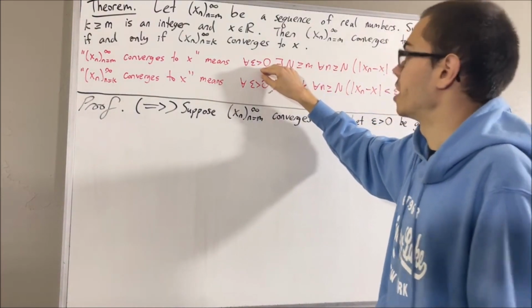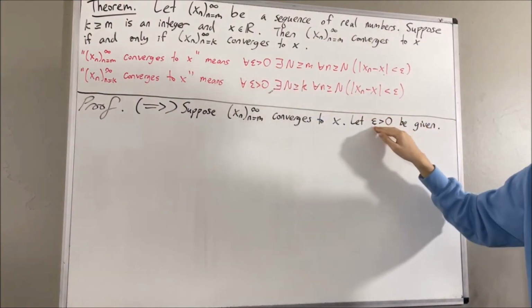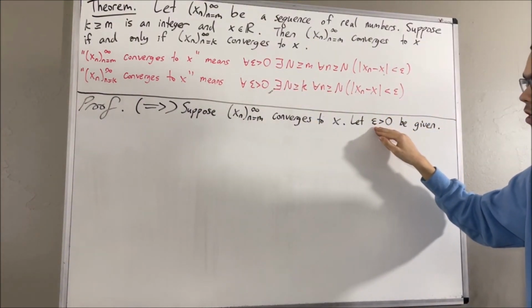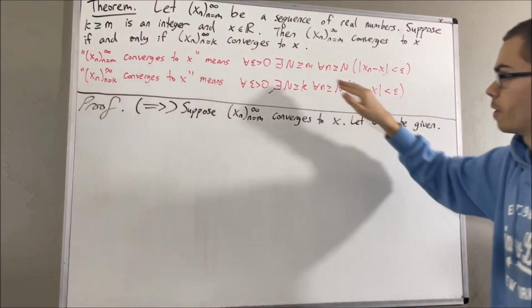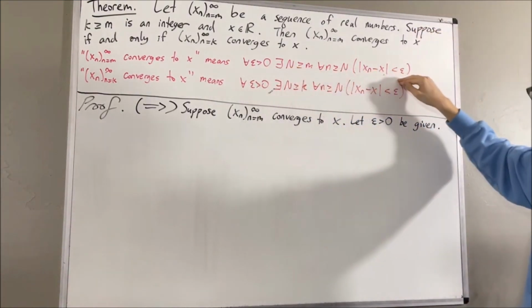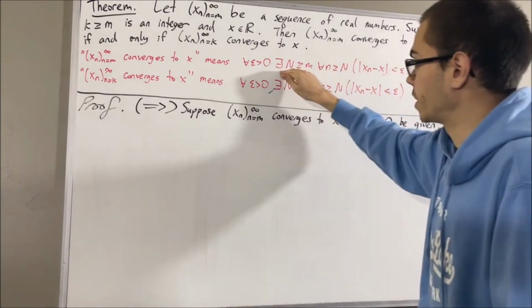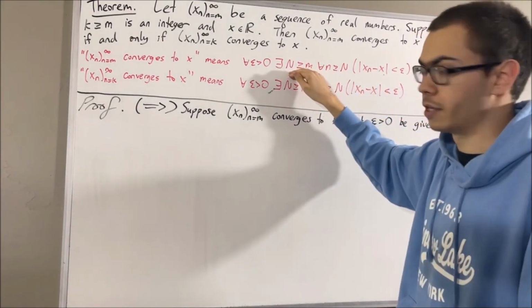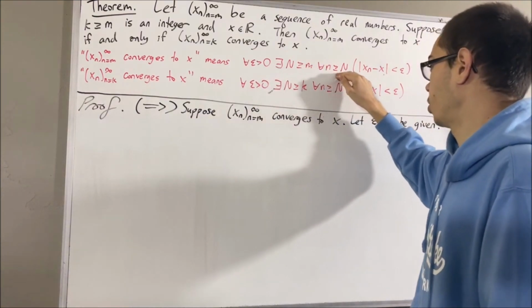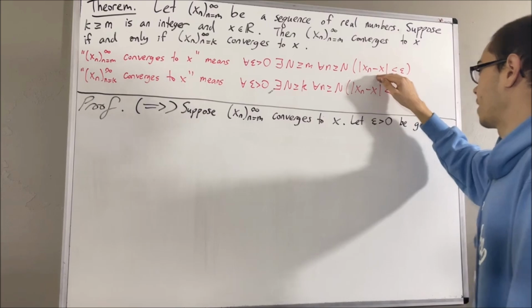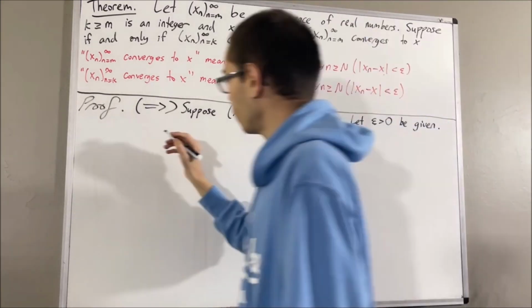So in particular, it must work for the positive real number epsilon that we've just introduced into our proof. So taking epsilon to be that epsilon, there exists an integer, capital N, greater than or equal to m, such that for all n greater than or equal to capital N, the absolute value of xn minus x is less than epsilon.